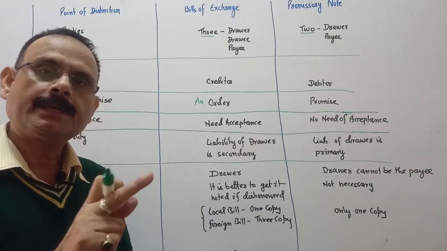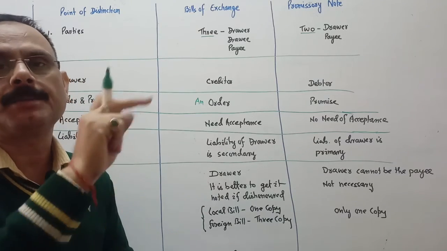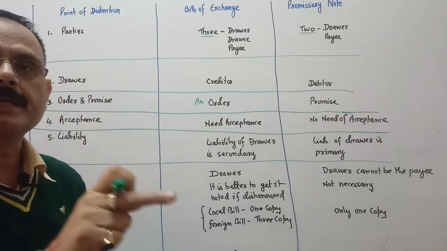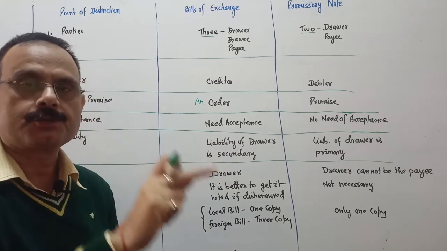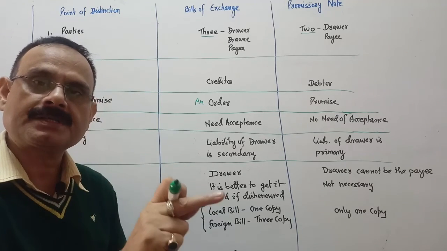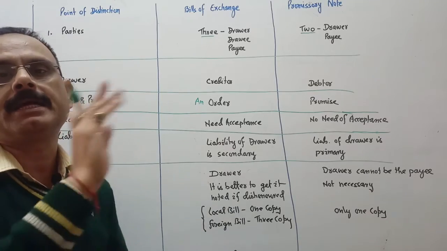The first liability is of the customer, meaning the person who accepts the bill. The drawee's liability will be first. The drawee is accountable to pay the amount first. If the drawee fails to pay, then the drawer will pay the amount.